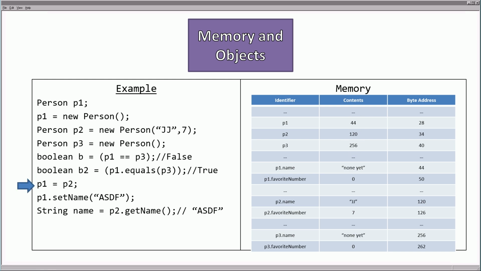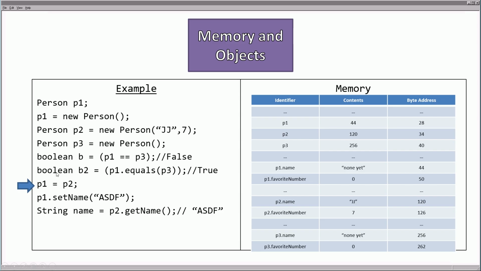Now let's assign the value P2 to P1. The assignment operator does not create clones of objects. It just assigns whatever is inside of that identifier. So you can see right here, P1 contains the memory address 120.